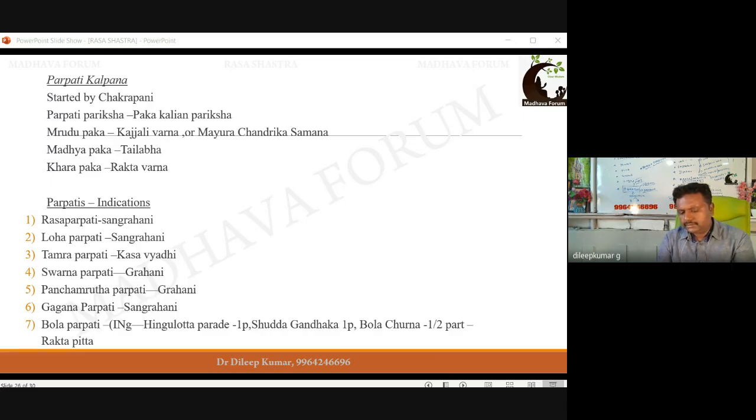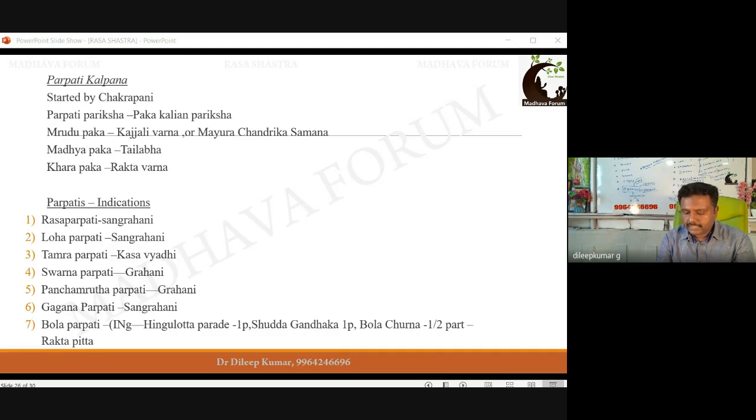Here the indications go with Sangrahani with Kshaya. Swarna is a Rasayana, and Rasayana Aushadhis are always used in cases of Kshaya, Kshatakshina conditions, Dhatukshaya.